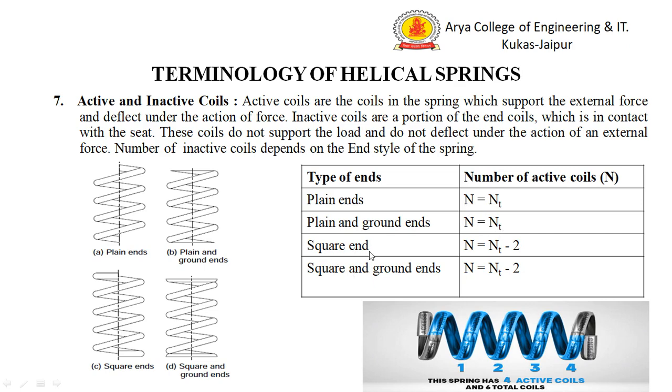For square end and square and ground ends, number of active coils is equal to Nt minus 2, as shown in this figure. Here the total coil is 6, but the top coil and bottom coil work as inactive coils. So these two coils will be subtracted from the total coils. So the number of active coils is 4.